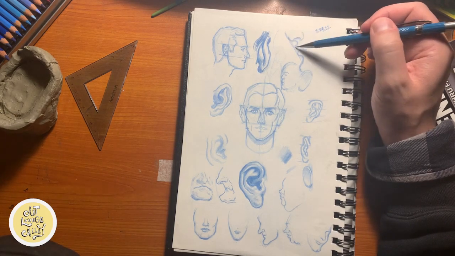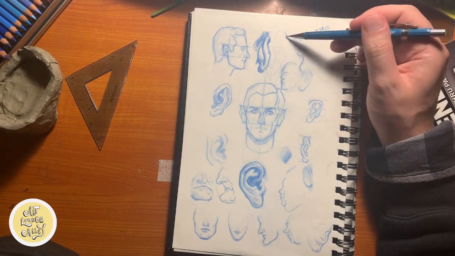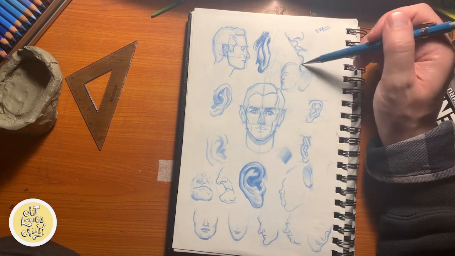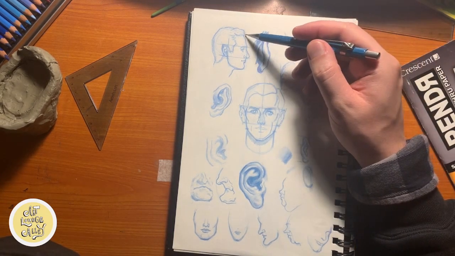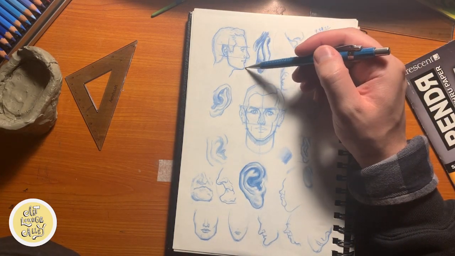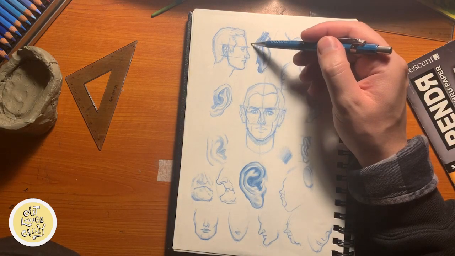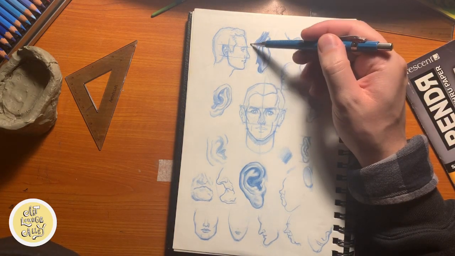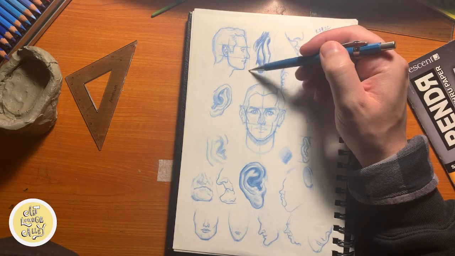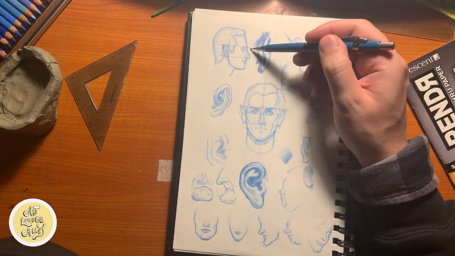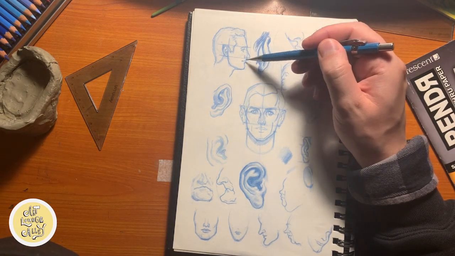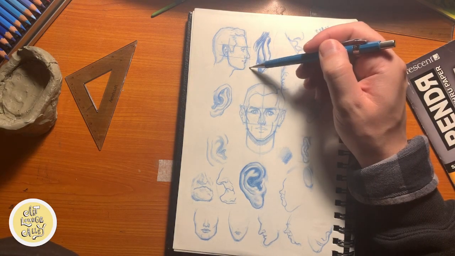So you could see the tip of the nose, the upper lip, the bottom lip, they all kind of line up on this diagonal line. Here, it's also just demonstrating how all these features are at a curve. So if I was to draw a straight line going down, you could see that the forehead isn't touching the straight line. The lips aren't touching the straight line, neither is the chin.